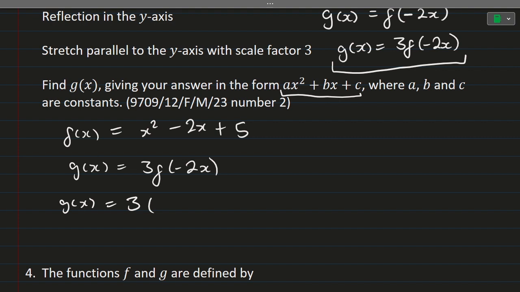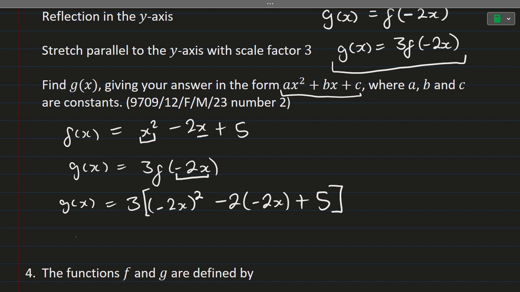Wherever there's an x in f of x, you're going to replace it with minus 2x, so let's put a big square bracket here: minus 2x squared minus 2, and then this x we replace with minus 2x, plus 5, and let's close the bracket there.